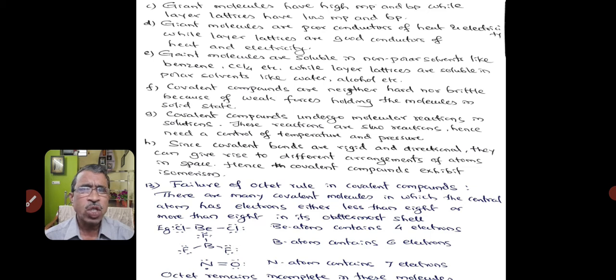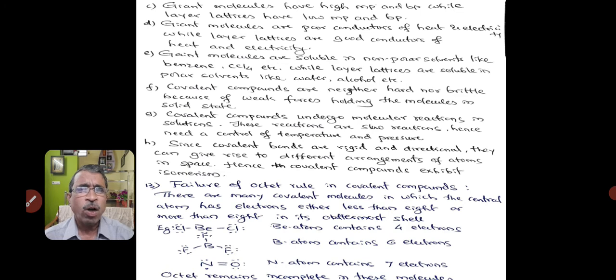Since covalent bonds are rigid and directional, they can give rise to different arrangements of atoms in space. Hence, covalent compounds exhibit isomerism.